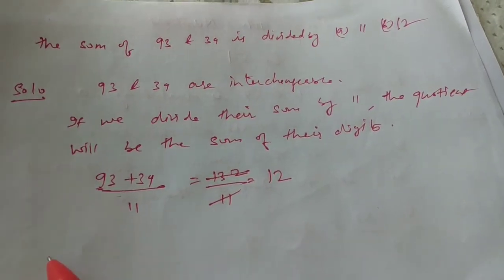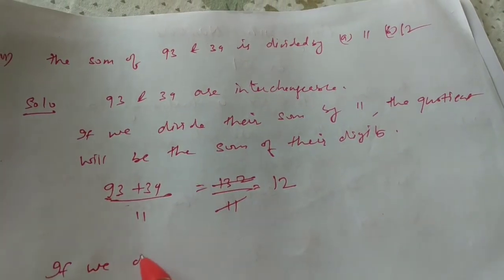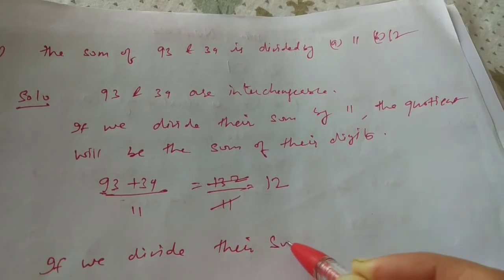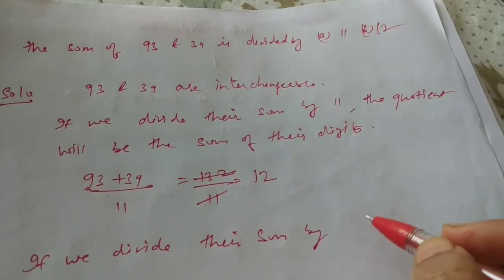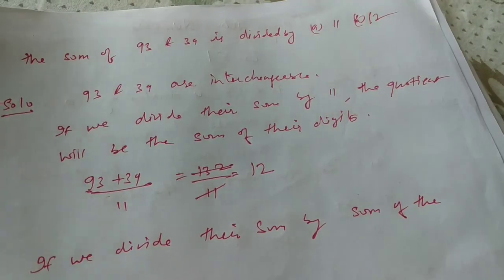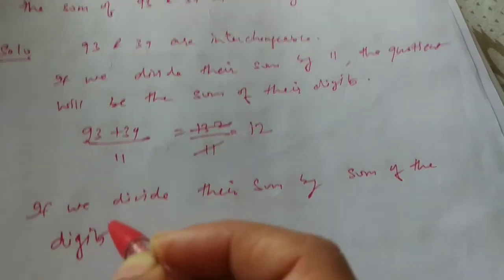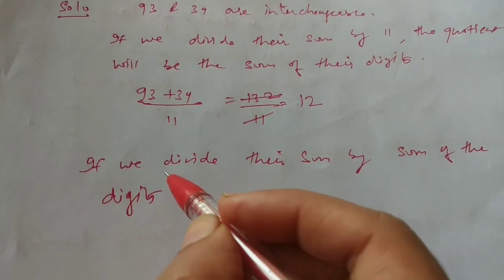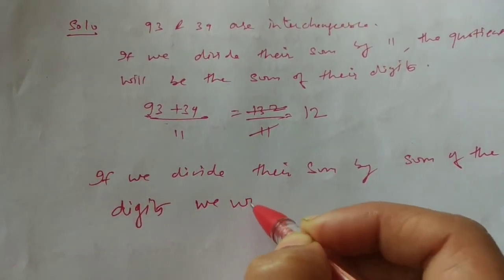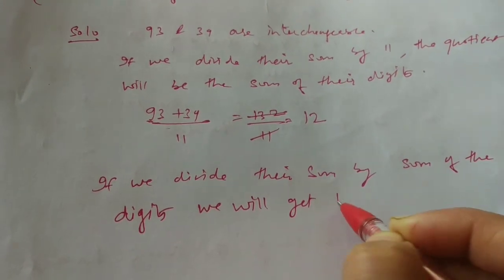Now the second part: if we divide their sum by the sum of the digits, what will we get? We will get 11.